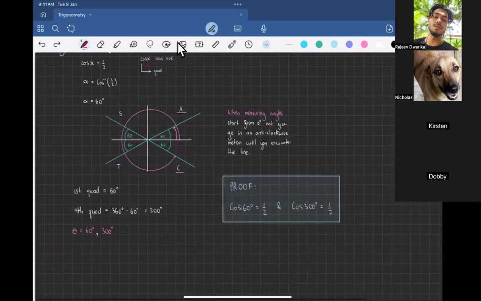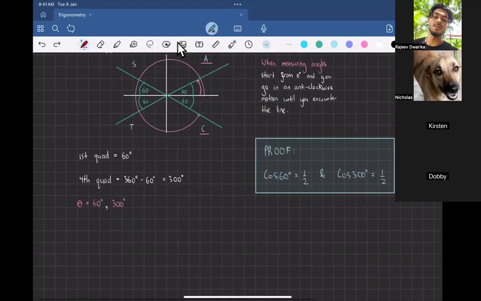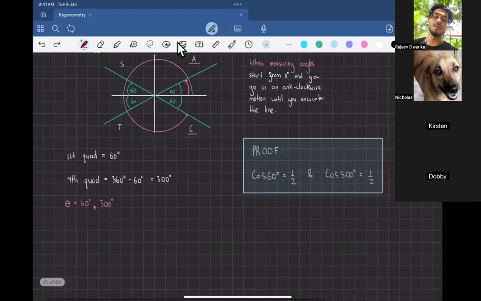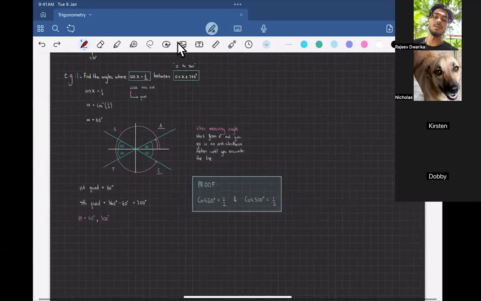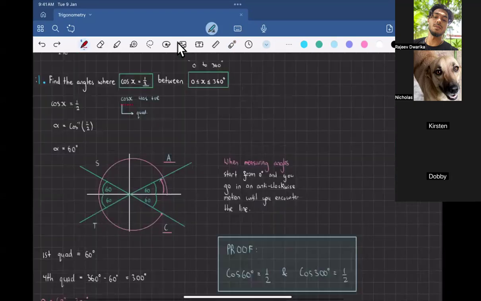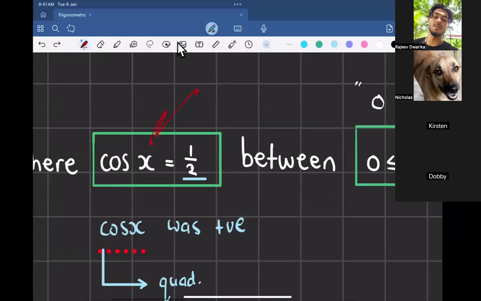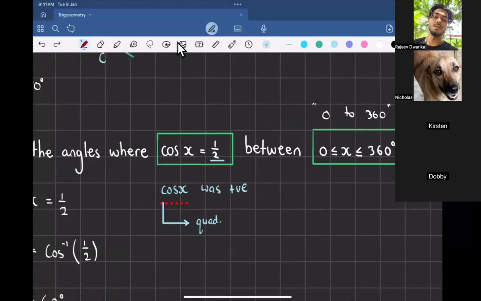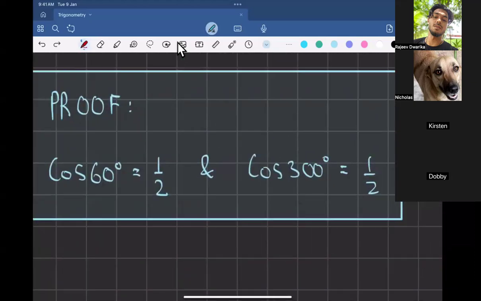Right? So my two answers are 60 and 300. And if you wanted to double check, go in the calculator and put cos 60. You're supposed to get a half because the question was asking you what values of x will give you a half. Cos 60 is a half and cos 300 is a half. So you're correct. Awesome.